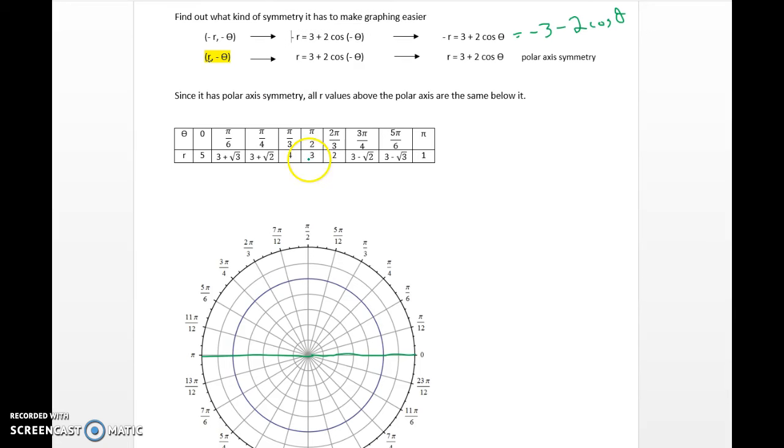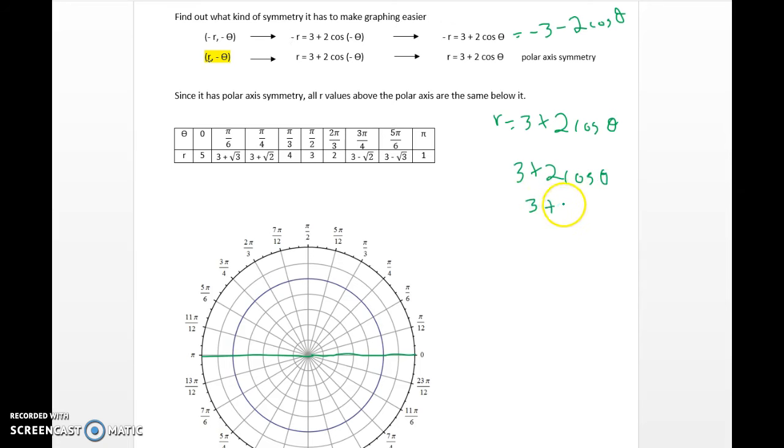So I plugged in, again, our equation is r equals 3 plus 2 cosine theta. For example, plugging in 0 for theta, I would say 3 plus 2 cosine 0. Cosine of 0 is 1.